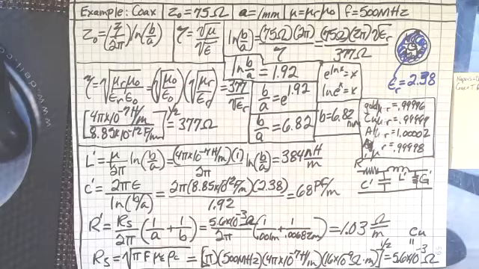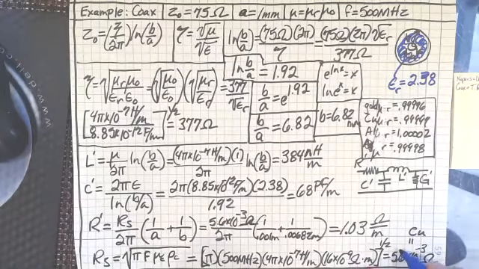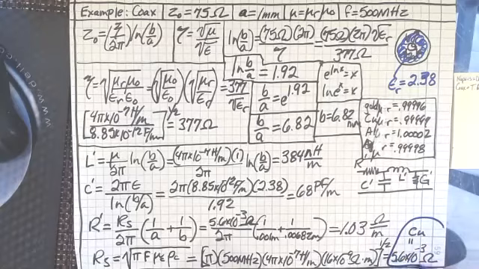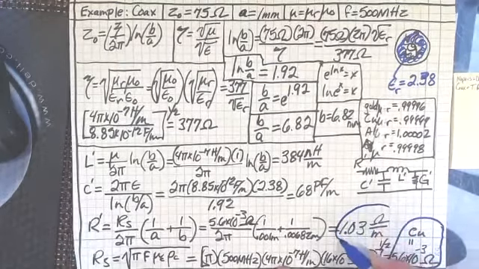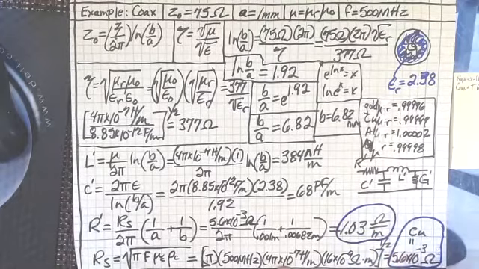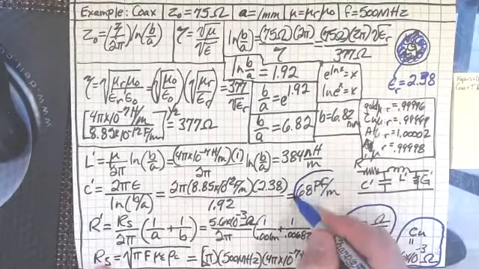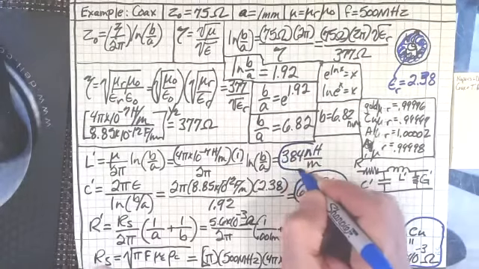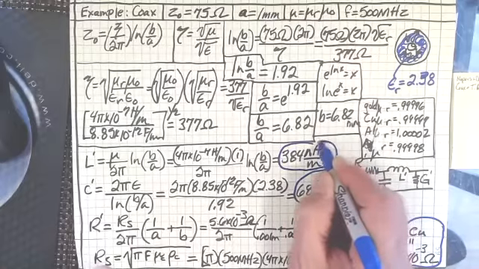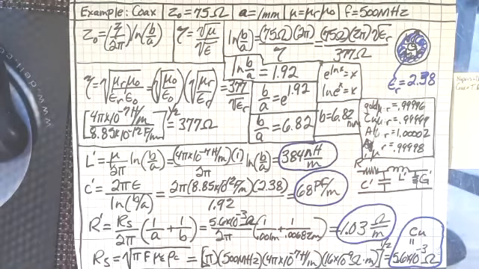So now we have all of our things here. I'll try to find the red marker. I'm just going to circle them. We've got R sub S here. We needed R sub S so that we could get R prime. And we've got C prime now, and we've got L prime for this configuration of the 75 ohm coaxial cable.